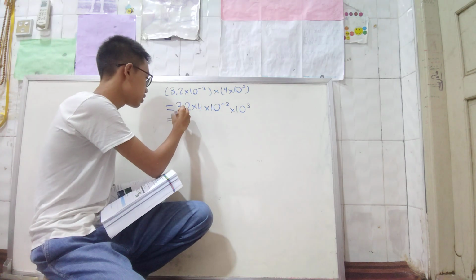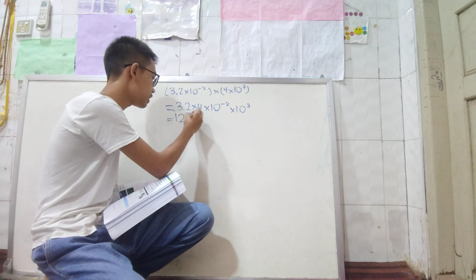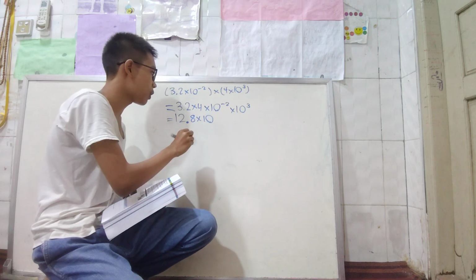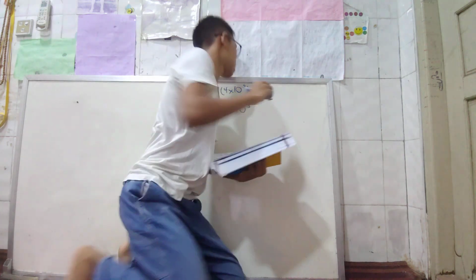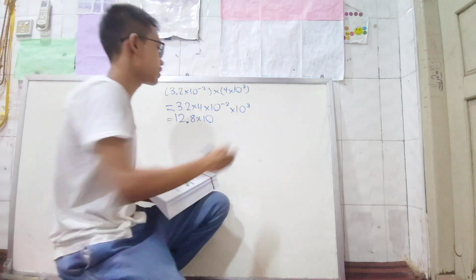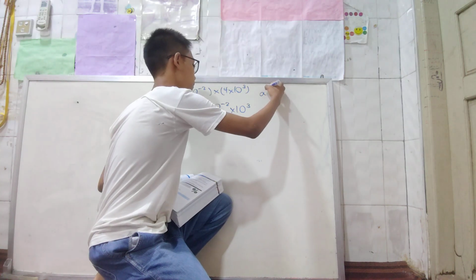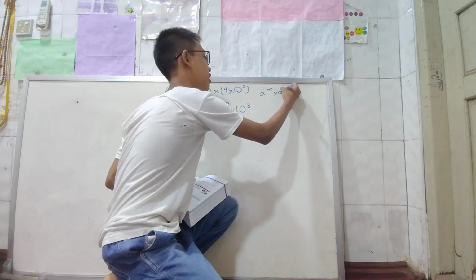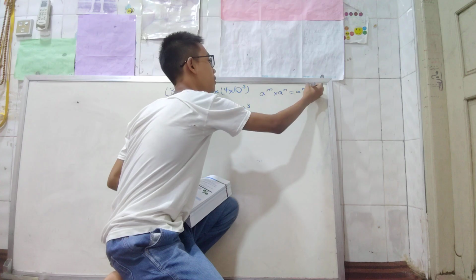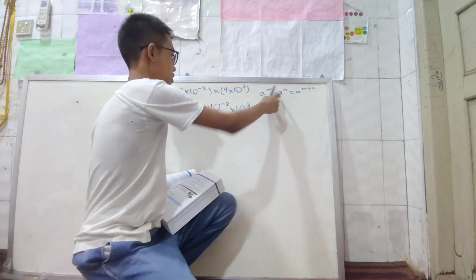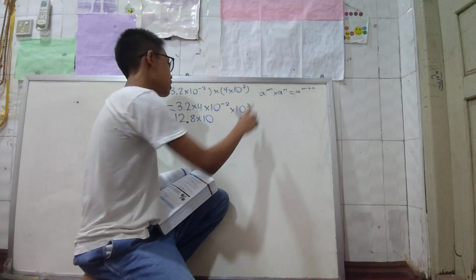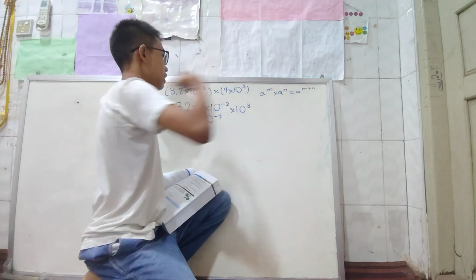So that's going to be 12.8 times 10 to the power of, let's see. Again, we're going to use this rule: a to the power of m multiplied by a to the power of n equals a to the power of m plus n. Here a is 10, m is minus 2, and n is 3.